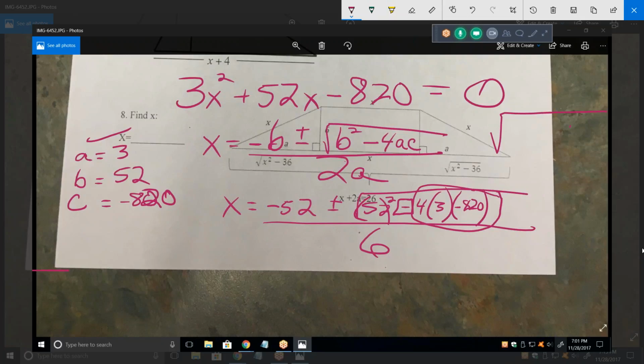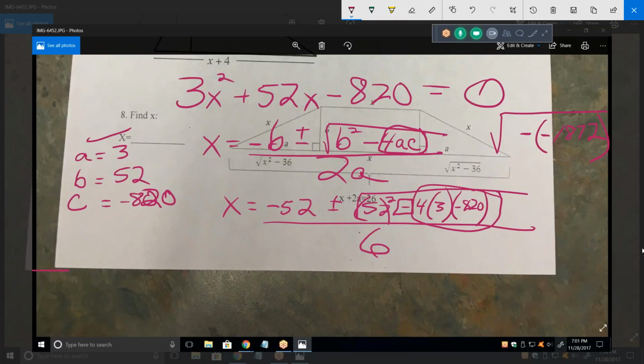It would be 1872, and that's a negative 1872, is it not? Yes, it is. That's why it's easy to make a mistake, and that's why I tell everybody not to put that first negative in there. Solve for AC first. And now, do 52 squared.